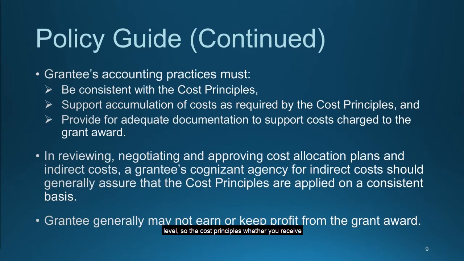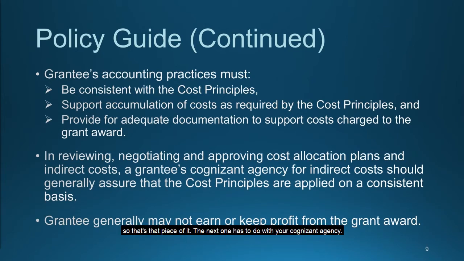So the cost principles, whether you receive one award or 2 awards or 100 awards or thousands, heaven help you if you have to manage thousands of awards, are designed to have consistency across how cost allowability determinations are made. So that's that piece of it.